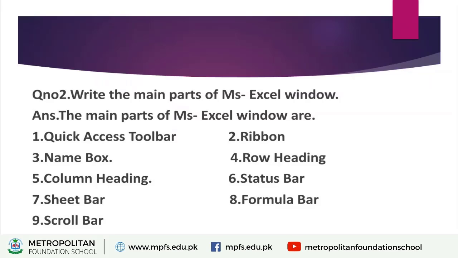Fourth one is row heading. Rows run horizontally in a worksheet and are identified by a number as the row header.